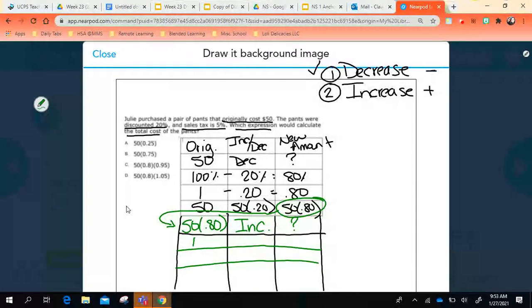I have 100%. It's an increase, so I'm adding. I should see plus signs on people's pages or screens. And I have 5%, equals 105%.